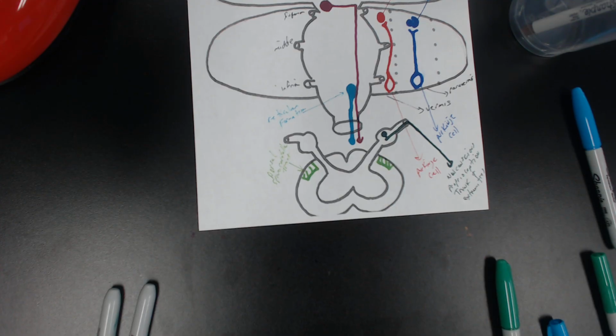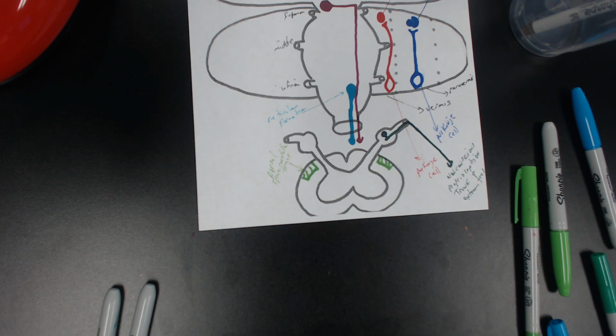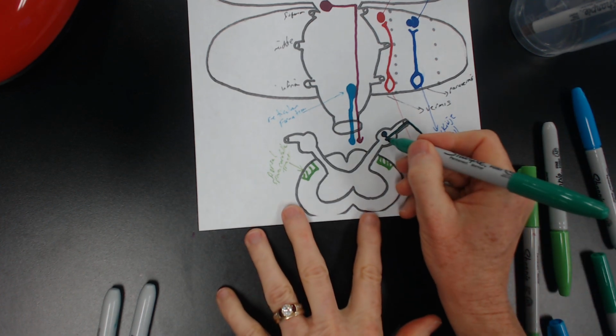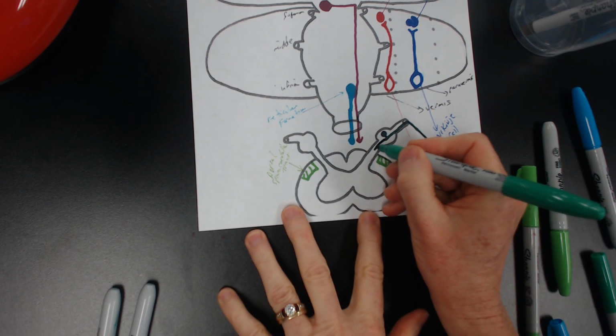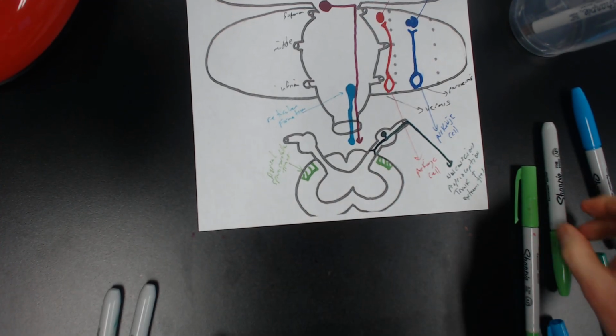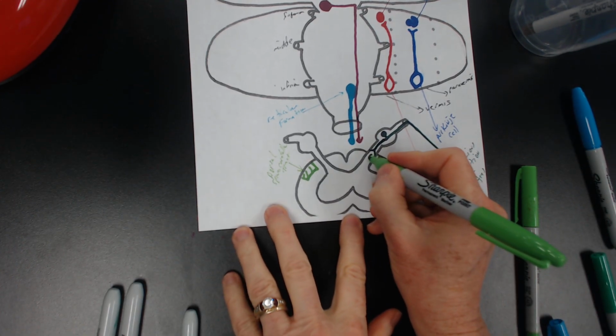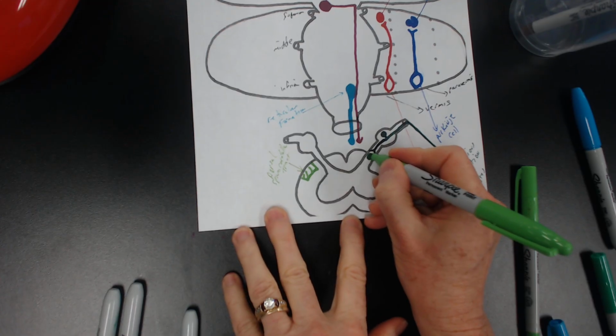What happens is this neuron comes in and synapses right away in the dorsal gray horn. For the dorsal spinocerebellar pathway, it synapses with a very specific cell.